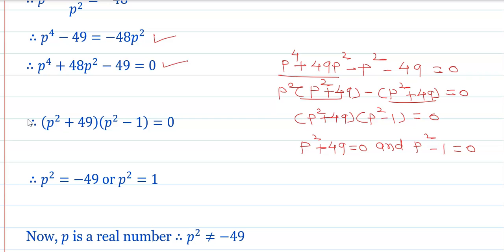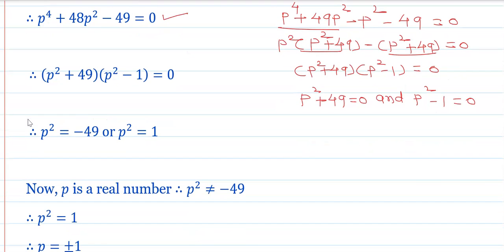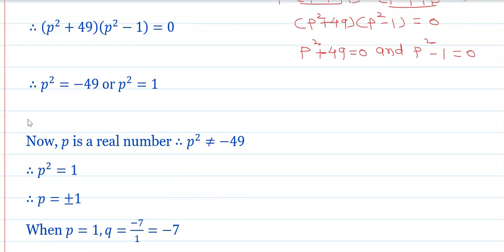So p square is equals to minus 49, or p square is equals to 1. Now p is a real number, therefore p square is not equals to minus 49. Therefore p square is equals to 1, and after taking the square root, p is equals to plus or minus 1.